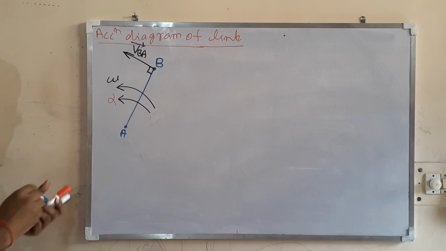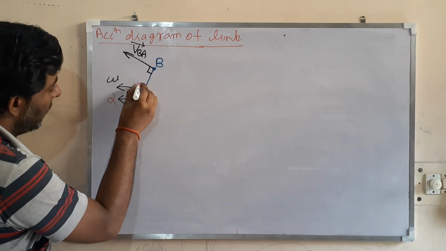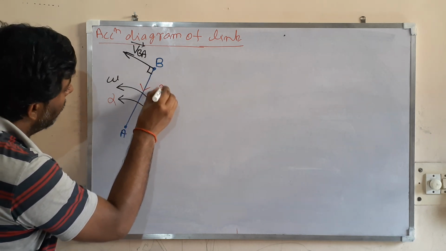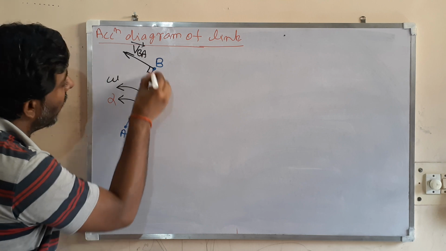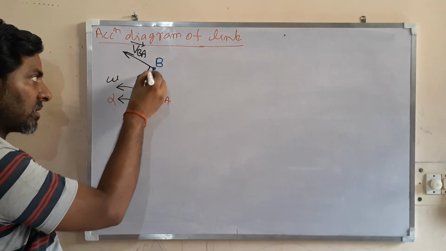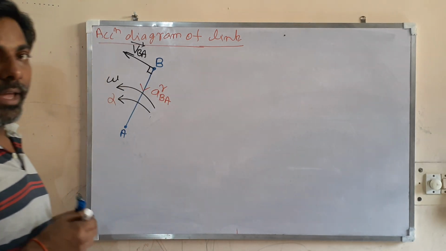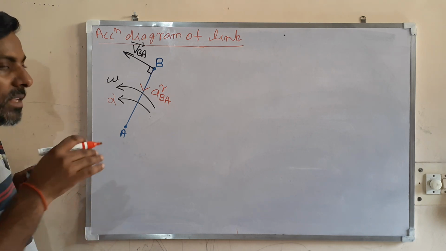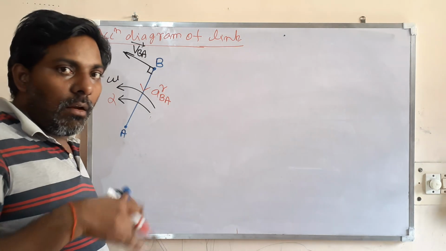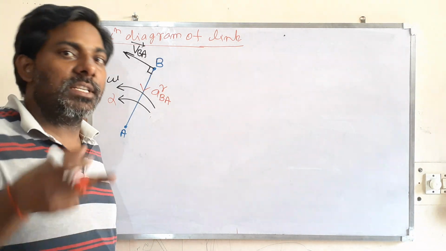Now, what will be the direction of the radial acceleration? The radial acceleration, you know, is always toward the center of rotation. So the radial acceleration of point B with respect to A, what will be its direction? Always toward the center of rotation. Another thing is the tangential acceleration. Tangential acceleration is perpendicular to the link AB and along the direction of velocity for acceleration and opposite to the direction of velocity for retardation.